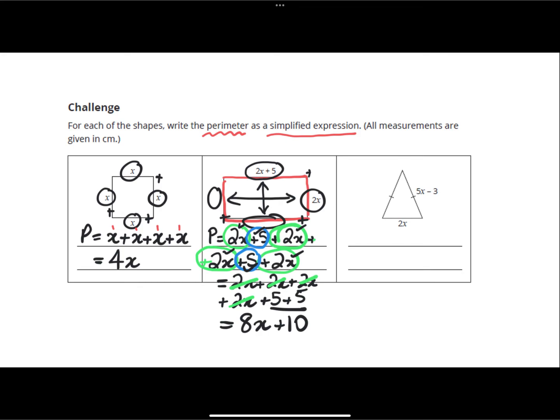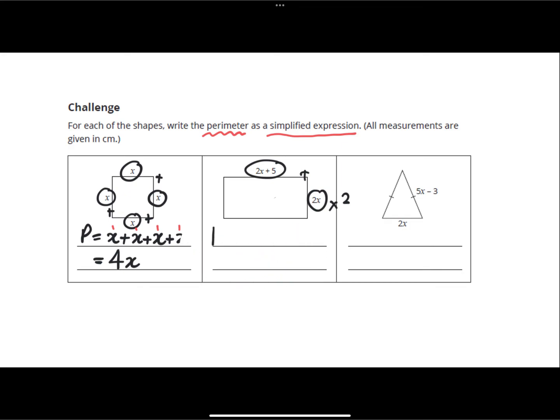Here's another way you could do this though. Because we know that this area is going to be this plus this times 2, we could actually just multiply it all by 2 using the distributive law. More than happy that if you've done it this way, and I'll show you how to do it the other way.